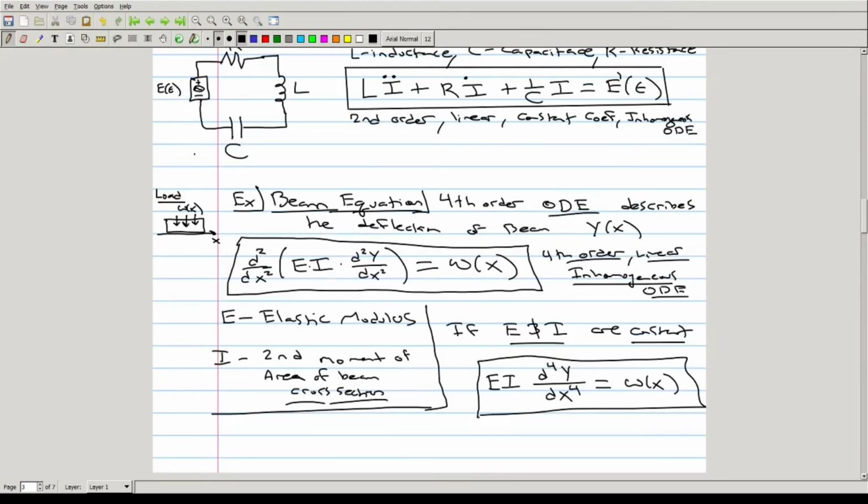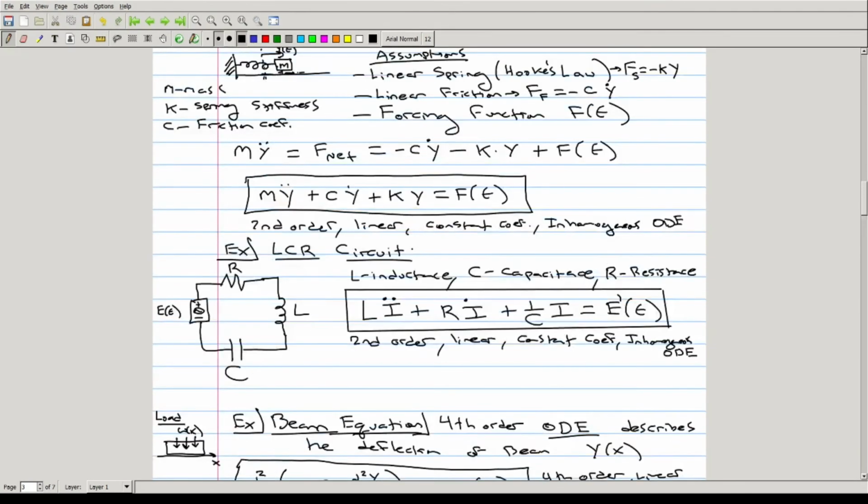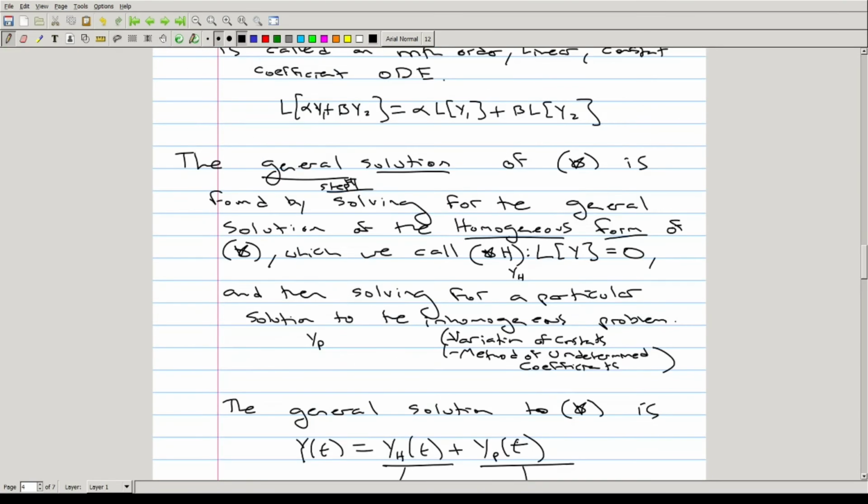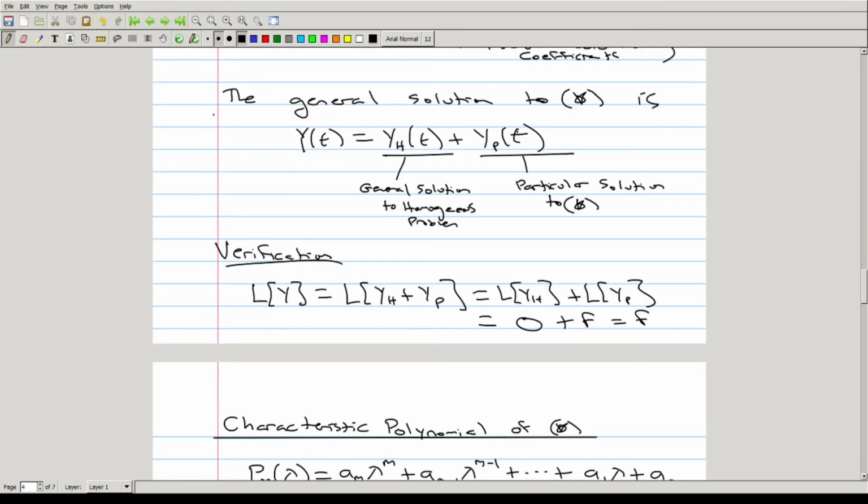This is also why the solution in the general form here, the homogeneous solution, is sometimes called the transient solution. So YH here is sometimes called the transient solution because in the case of global asymptotic stability, so in the case of negative real parts for all of the eigenvalues, this YH goes to 0.